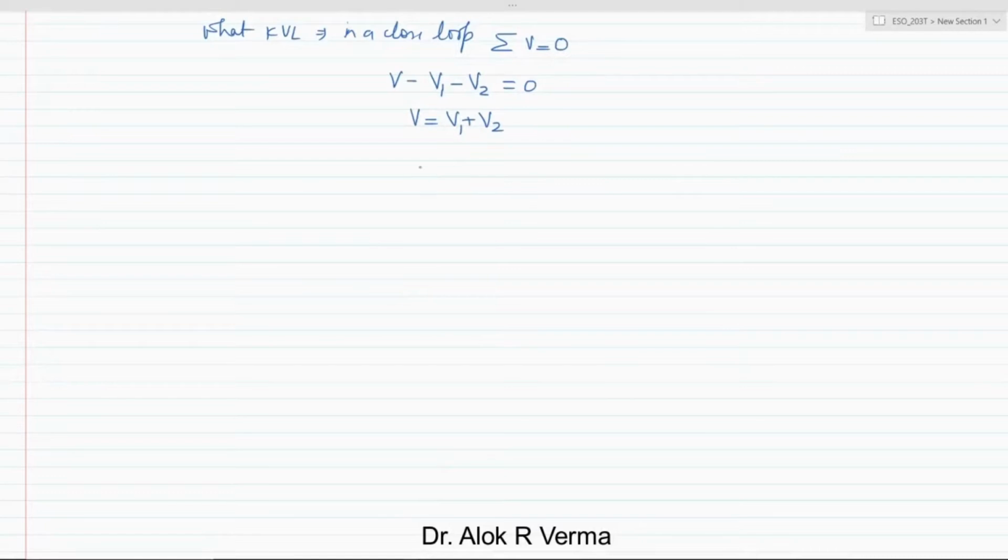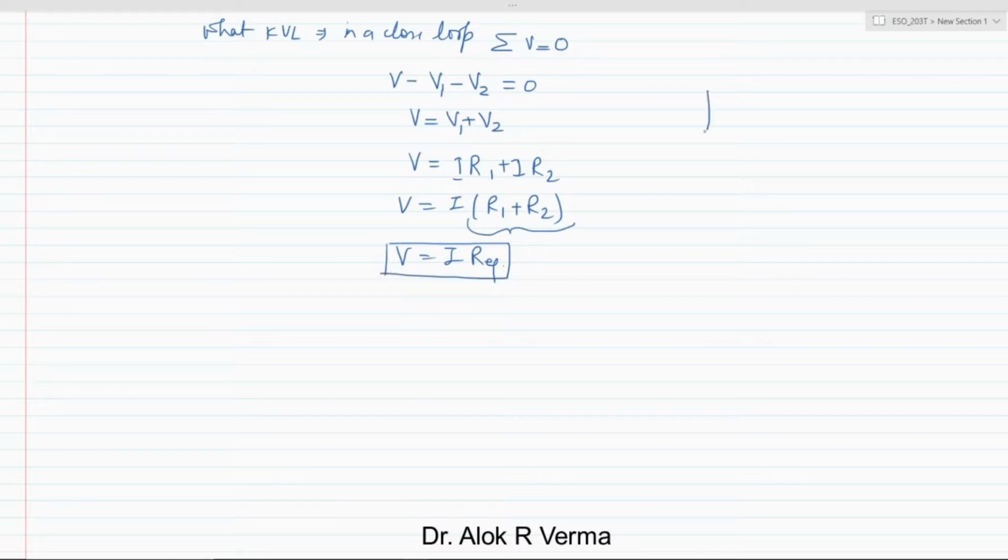Now if we like to solve this, the voltage V is nothing but I into R1 plus I into R2, which is nothing but I times (R1 plus R2). So this is nothing but the equivalent resistance.